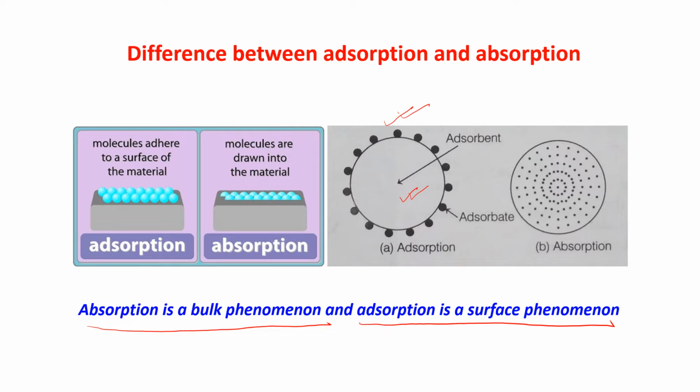It's not entering into the adsorbent. But in case of absorption, it is a bulk phenomenon. All the molecules or ions are entering into the bulk phase. Molecules adhering to the surface of the material is adsorption, and molecules being drawn into the material is absorption.